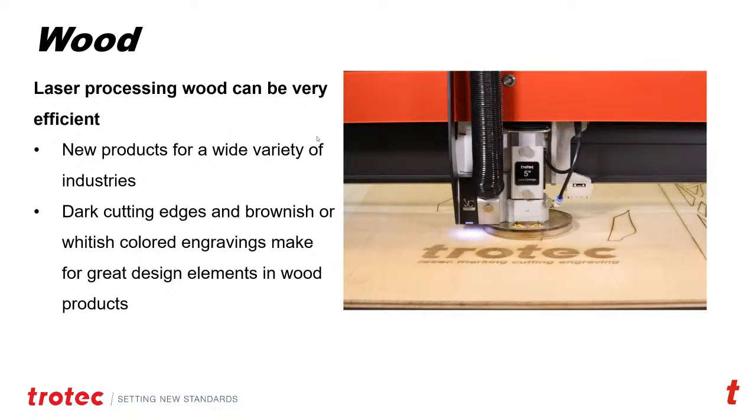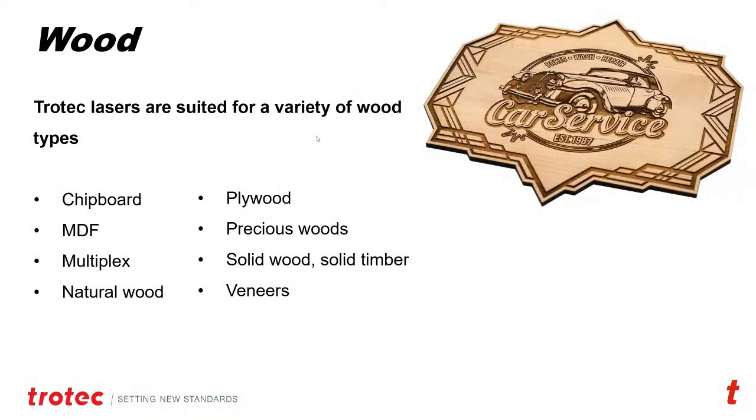And so when you're processing wood, there are a few different things that I do recommend to make sure that the wood is finished. And this is why I would recommend certain types of woods. Any wood is going to work with the lasers, whether it's man-made woods like chipboards, multiplex, MDF, plywoods, or if it's natural wood or veneers, solid wood, solid timber, precious woods.